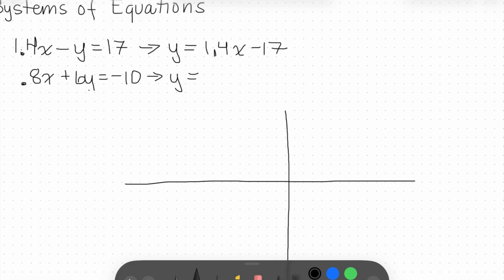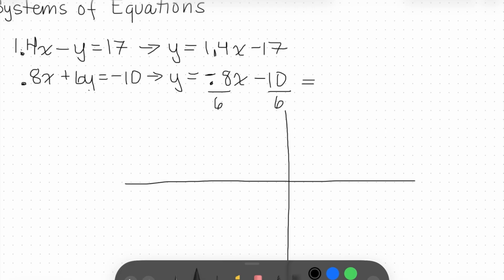With this, the 0.8x will be over here, then that'll be as a negative, right? And then we'll have the minus 10, and then we're going to be dividing by 6. You see that? So I don't know how convenient this is, but let's go ahead and continue with it.